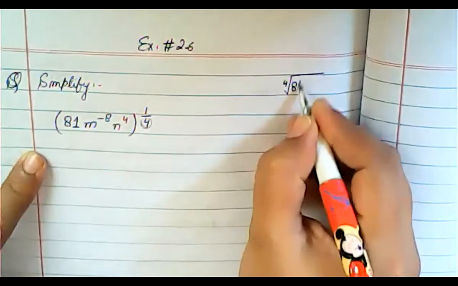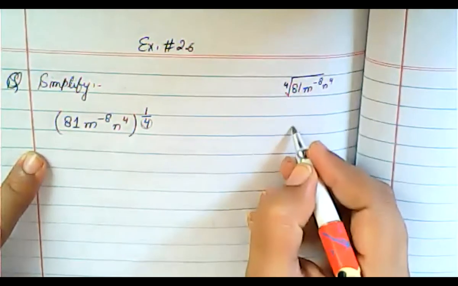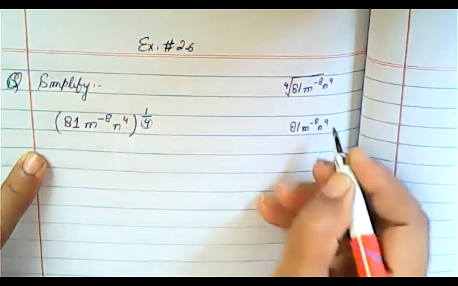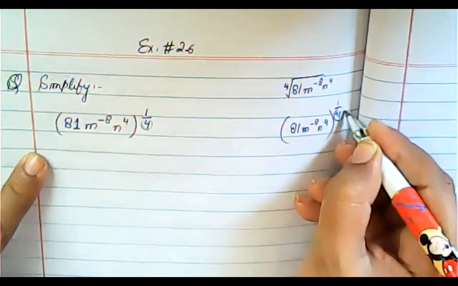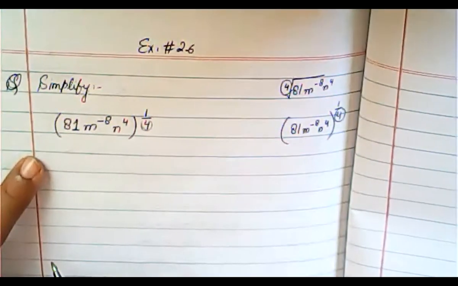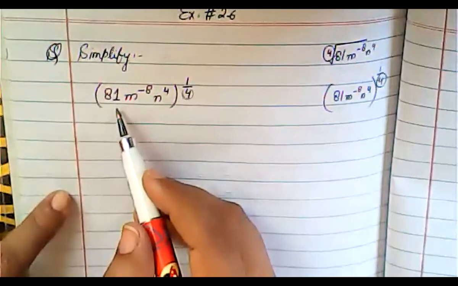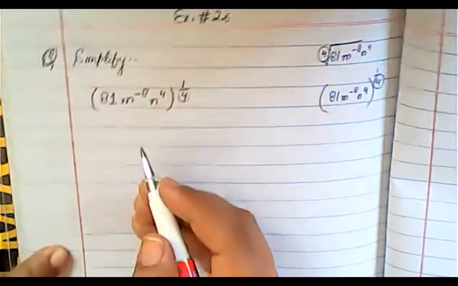Just suppose it can be 81 m minus 8 n 4, or you can write it in this form, 81 m minus 8 n 4 in brackets, with power 1 upon 4. So this 4 is basically the index. What does it mean? You have to take the fourth root of the given number, which is 81. Now how will you start?